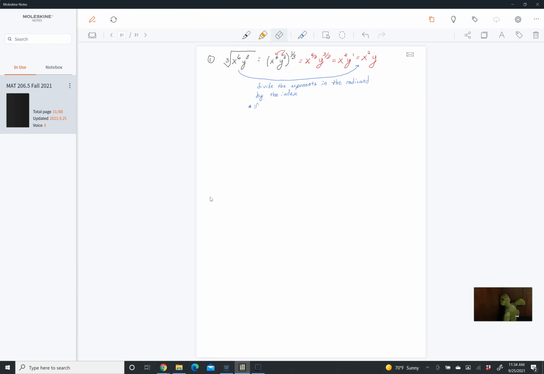And then a note, if all the exponents are divisible by the index, meaning your answer is an integer, the radicand is a perfect nth root. Okay, x to the 6th, y cubed.